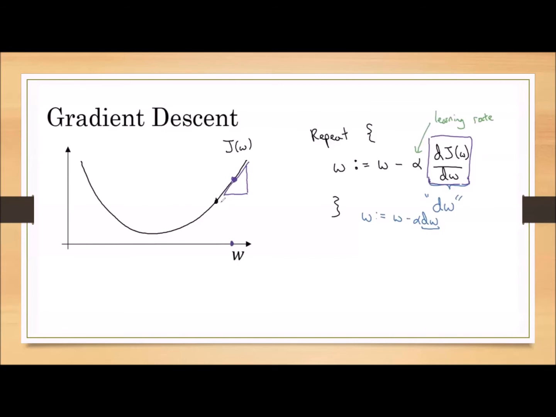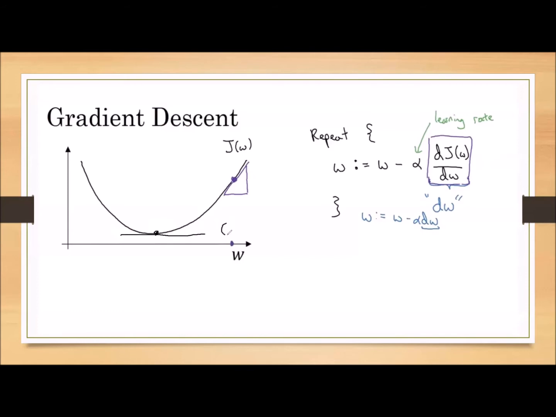Now at this new point I am again taking the tangent, and I am finding the slope of that tangent, that is dJ by dw. This is an iterative process. You observe here, we randomly initialized the w. After that, from the w we are subtracting alpha times dJ by dw, until finally we reach the minima. So here I am taking the tangent again. What is the slope of this tangent, which is parallel to the x-axis?